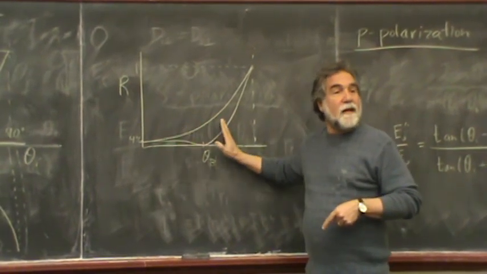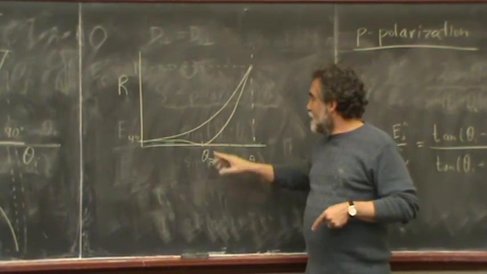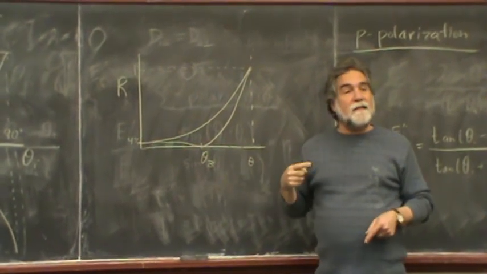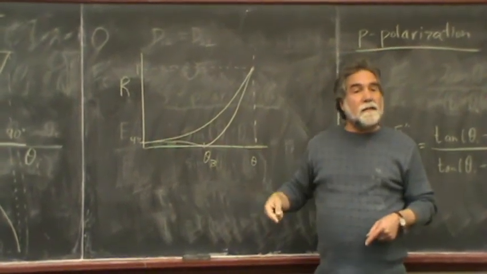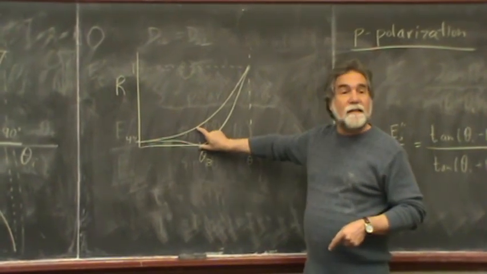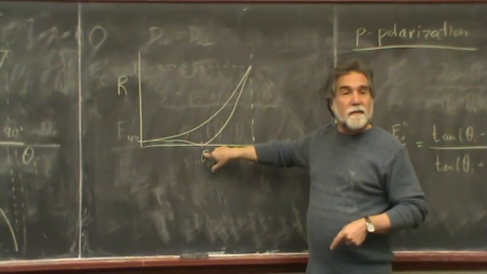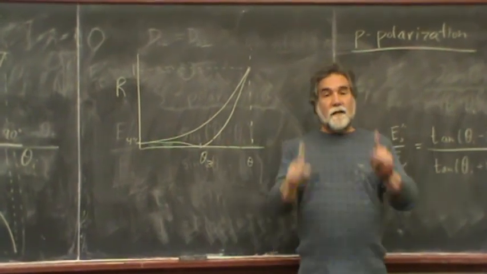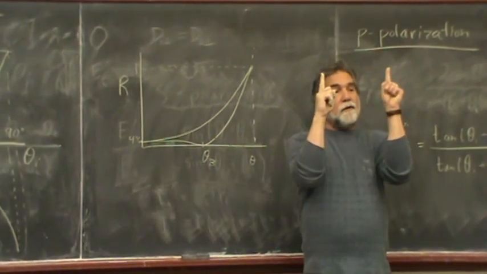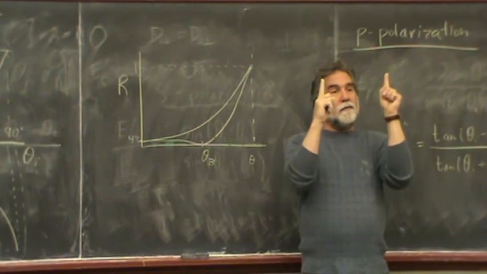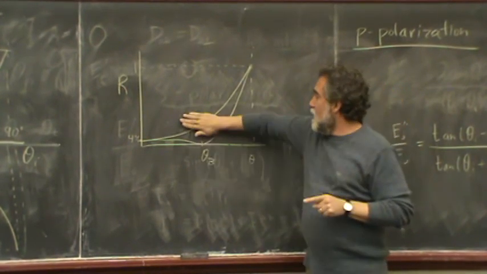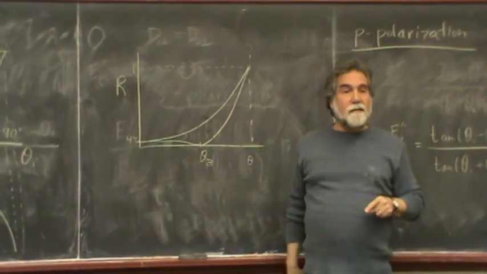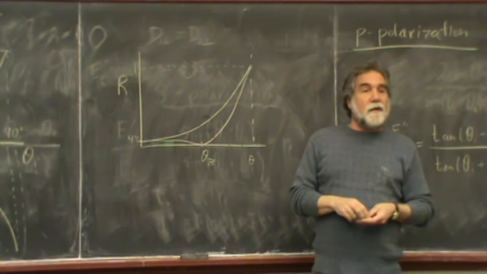The P-polarized light has no reflected intensity, and the S-polarized light has a fairly high reflected intensity compared to the P-polarized light. So if you wear polarized sunglasses that only admit P-polarized light, that is vertically polarized light, then you cut out all of that and you only get the glare off the surface from the P-polarized light, which is much, much less.